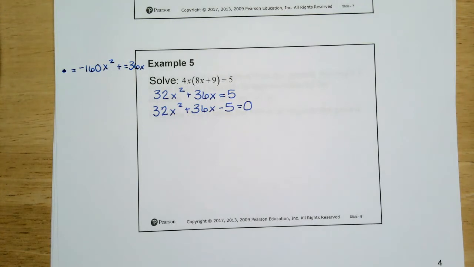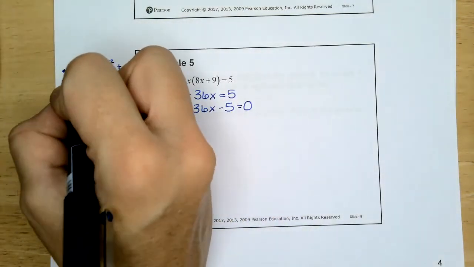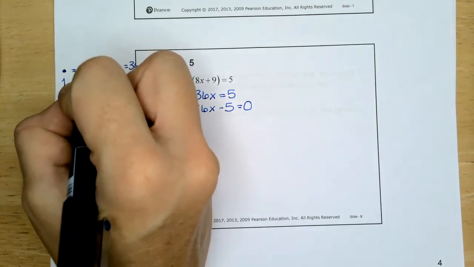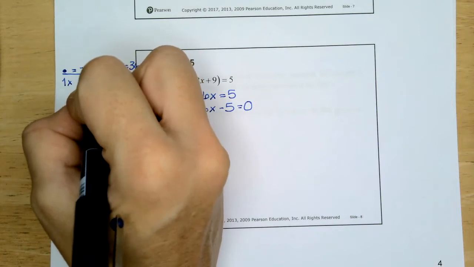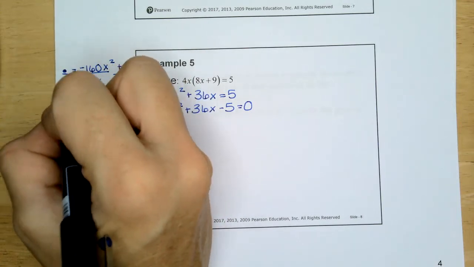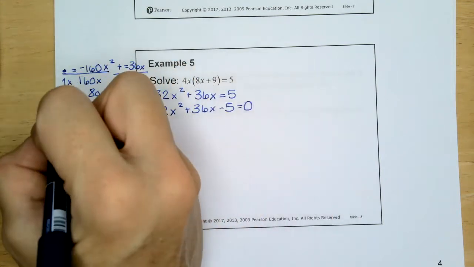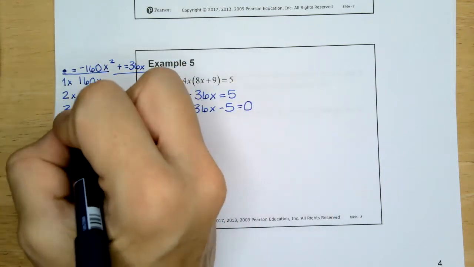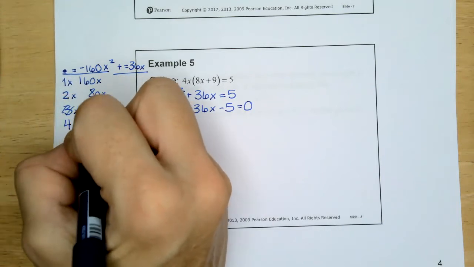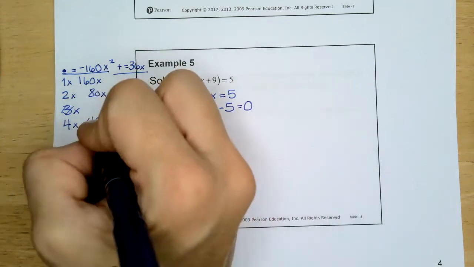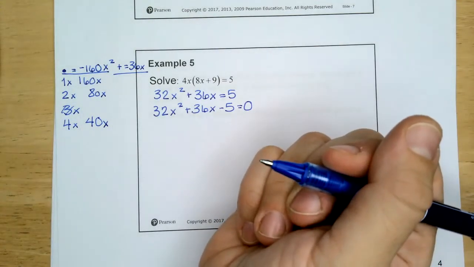So the factors of 160 are 1 and 160, 2 and 80, 4 and 40. And it should be 1 positive, 1 negative, right?